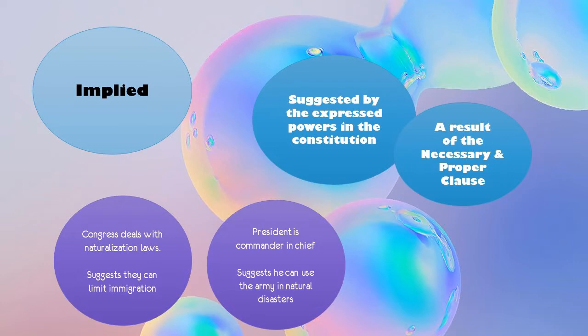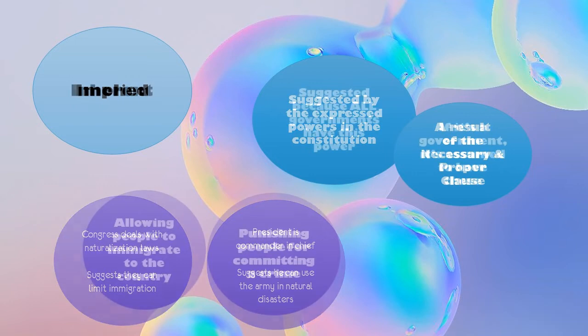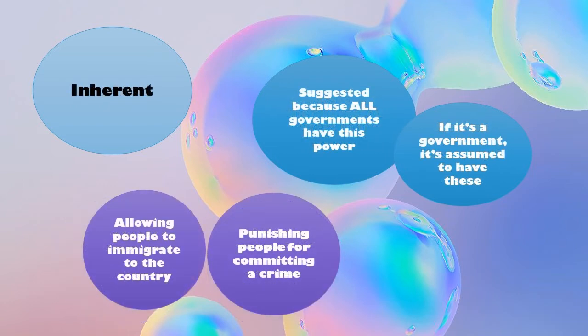Because the president has the express power that he is commander-in-chief, that suggests that he can use the army to help clean up a natural disaster. None of these words are in the Constitution, but they are suggested or implied by the words that are in the Constitution.